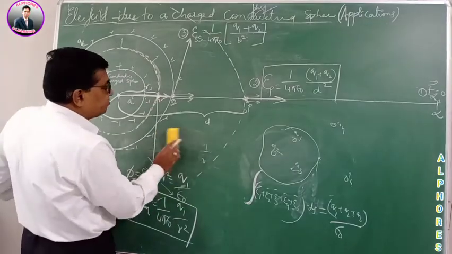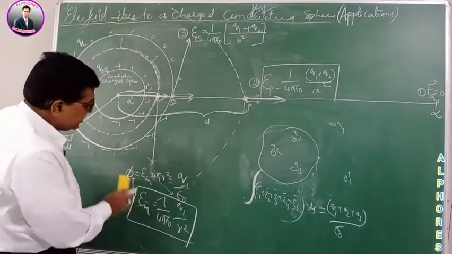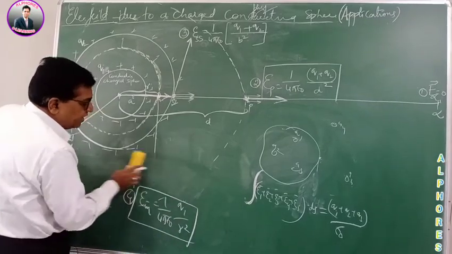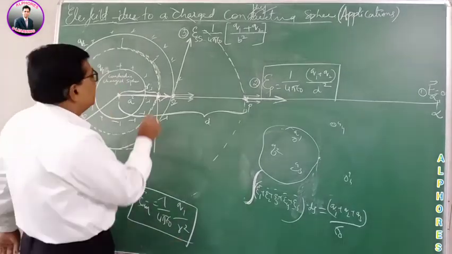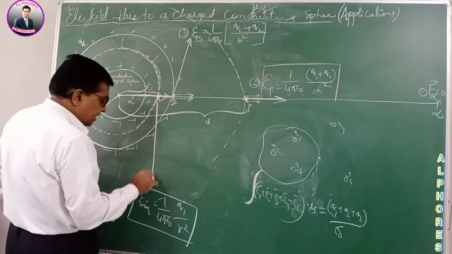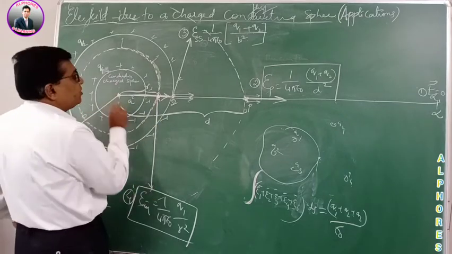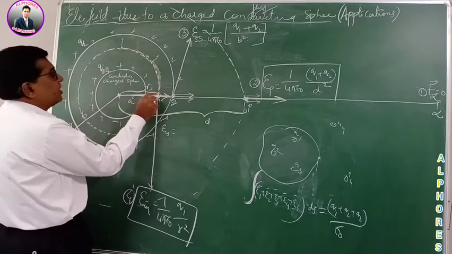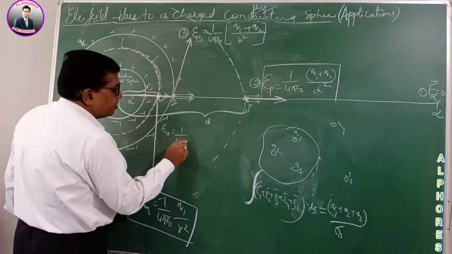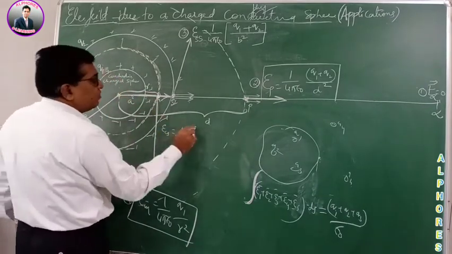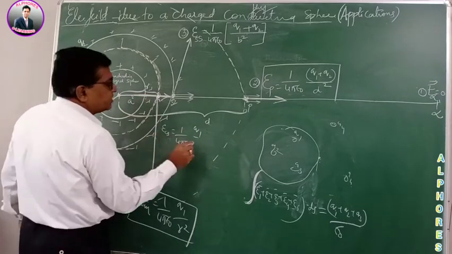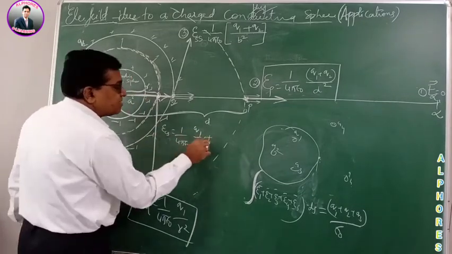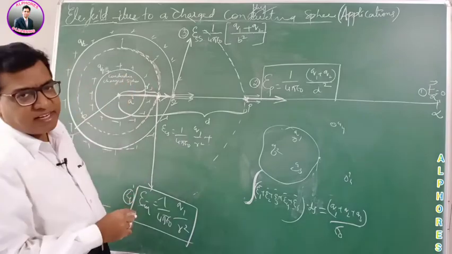So you can even deduce this by considering the electric fields individually. Here, the field due to the conducting sphere, at an outside point, is 1 by 4 pi epsilon, charge Q1 by the distance of the point, that is R square, plus the field due to the spherical shell.